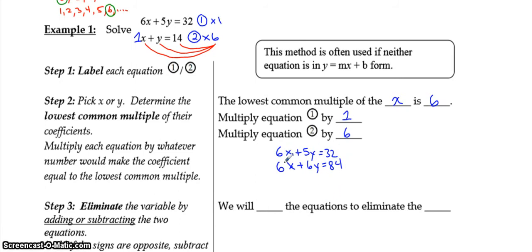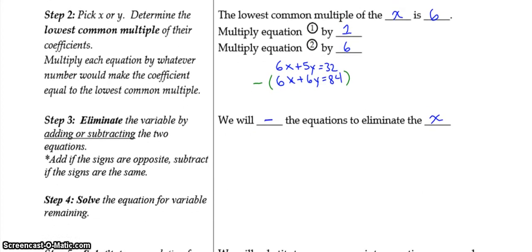Now, what can we do to both equations to get rid of that x term? What we can do is subtract the equations to eliminate the x term. So we're going to subtract this entire second equation.